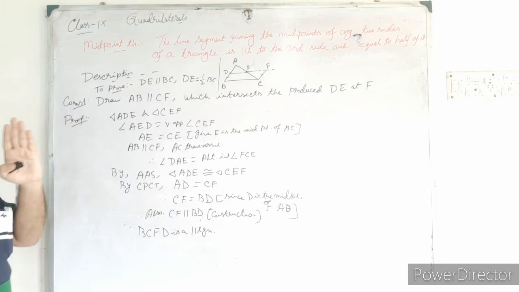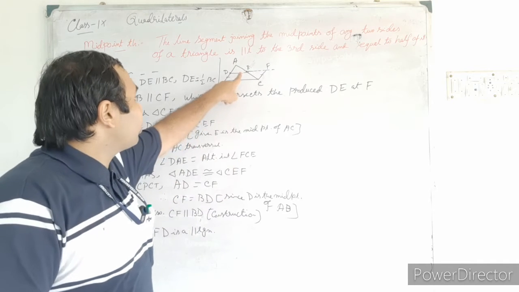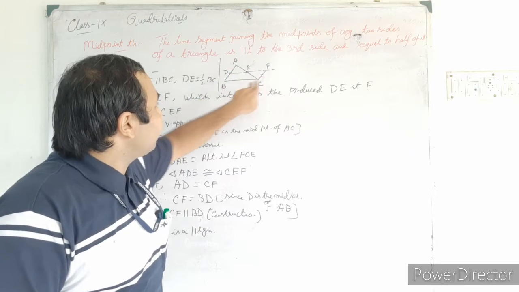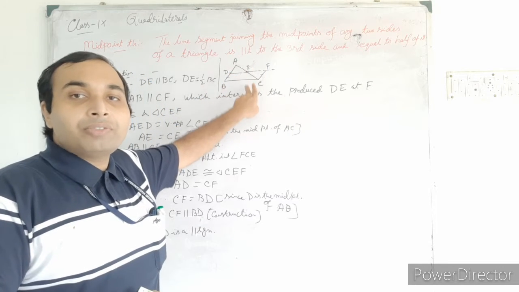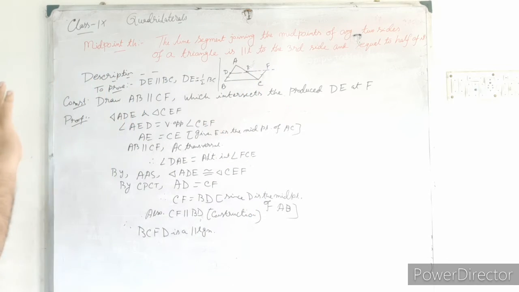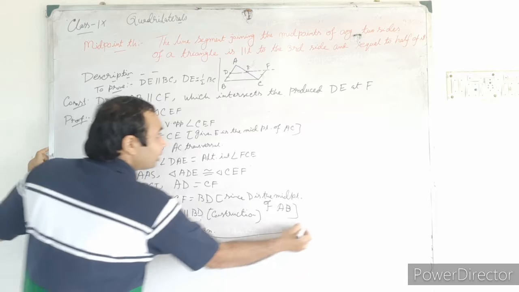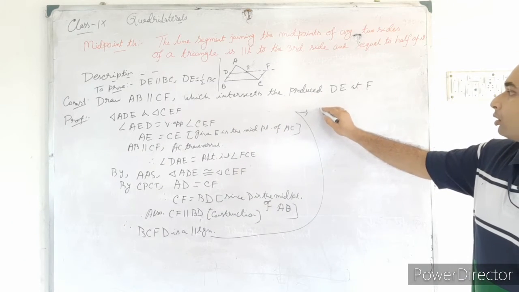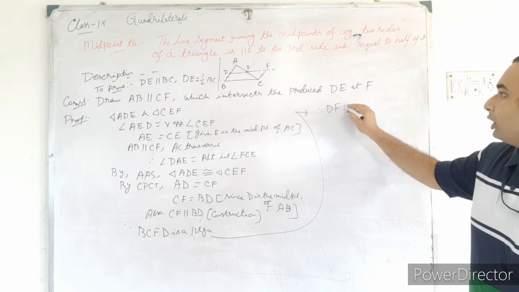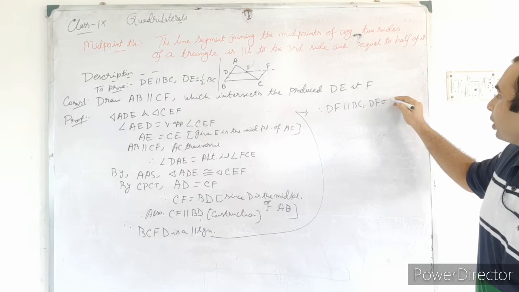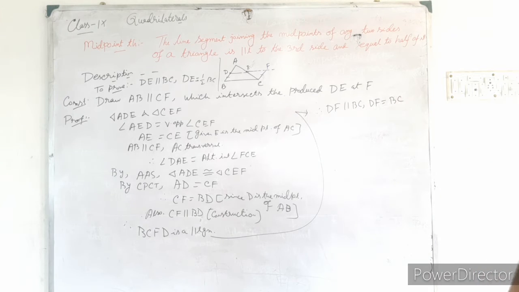When we prove that it is a parallelogram, definitely this line DF is parallel to BC and DF is equal to BC, because that is the criterion of the parallelogram. So I am writing here now: DF is parallel to BC, DF is equal to BC.